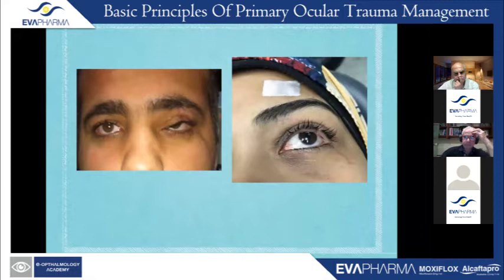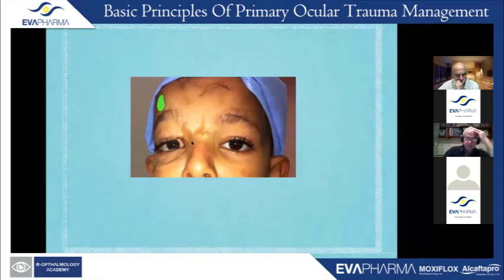You can easily avoid such complications if you do the proper suturing techniques and you follow the proper rules. Also, this patient had a complex lid wound. As you can see, the upper eyelid here was avulsed and it was not corrected in a proper way. So he has this big notch here, affecting the tear. And this is very important.